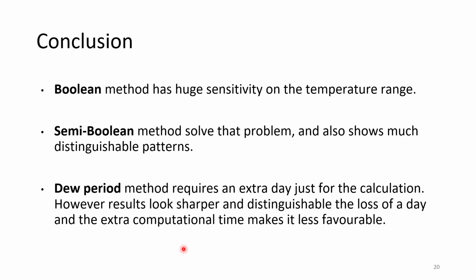However, the U-period method has much more refined and sharper edges and distinguishable structures. However, we need that extra computational time, and we lose some data, for example, for forecast.